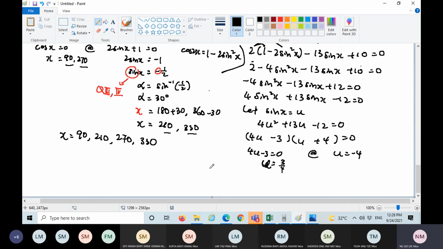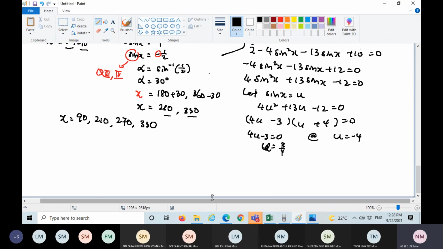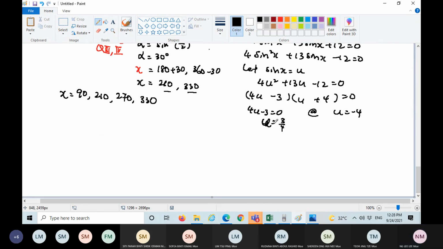Then I continue. Remember, u is what? Sine x, so return back to your sine x. 3 over 4, you can write 0.75, 3 over 4 also can. Then what is x? Shift sine 0.75.